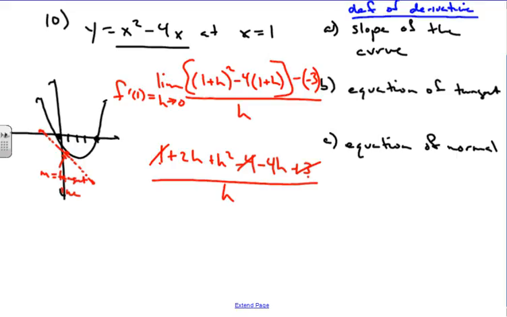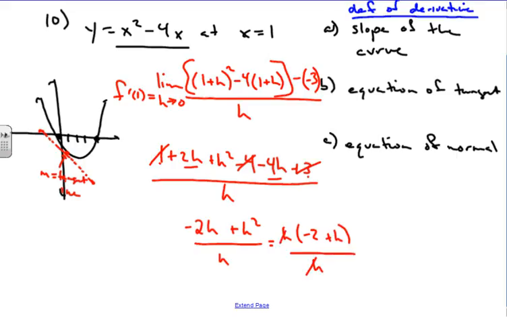We then have 2h plus negative 4h, which gives negative 2h, plus h squared, all over h. Factor out an h, we have negative 2 plus h over h, cancel, cancel, and let's finish our limit. The limit as h approaches 0 is negative 2.